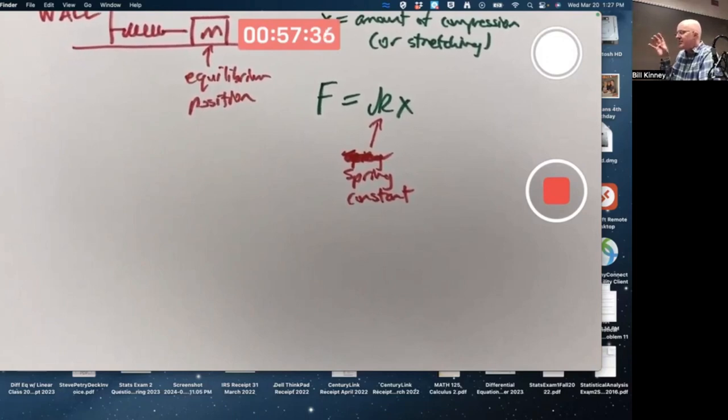Imagine you stretch the spring to a certain point, X. You're holding it there. You want to stretch it a little bit more. The amount extra that you stretched it is small. The force is effectively constant over that small amount of stretching because the change in position is so small.